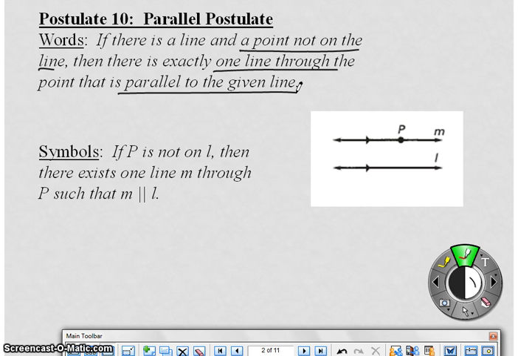So here's some symbols down here. It's a lot of words, but the book gave this as the symbols. If P is not on L, so the symbols match up to this diagram right here.